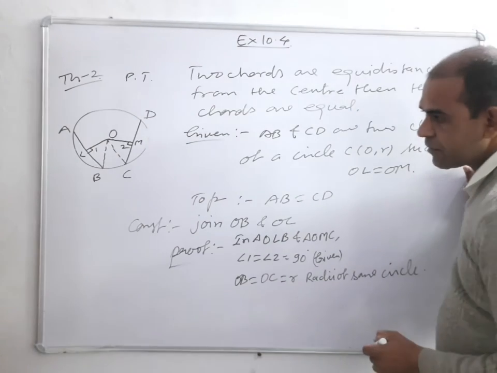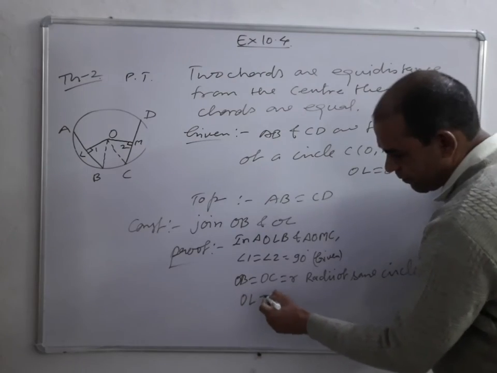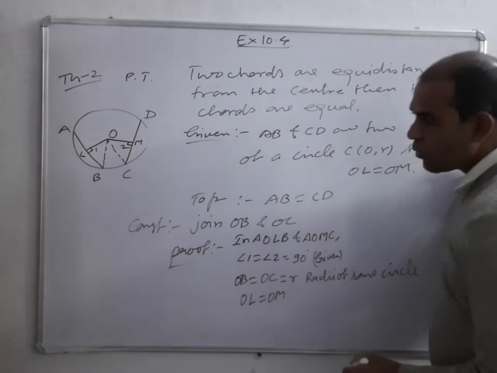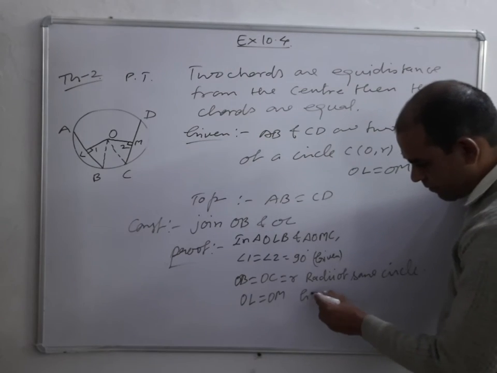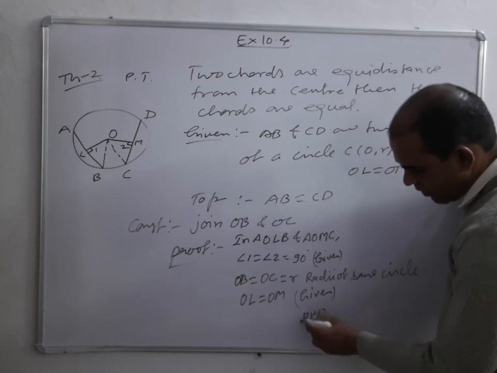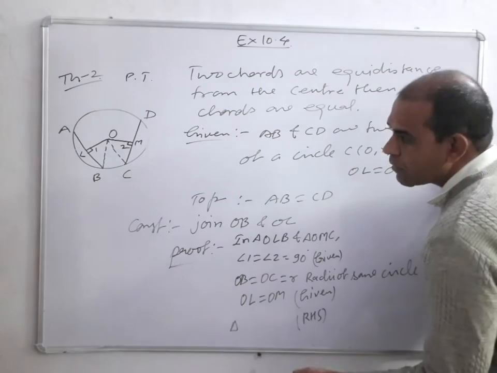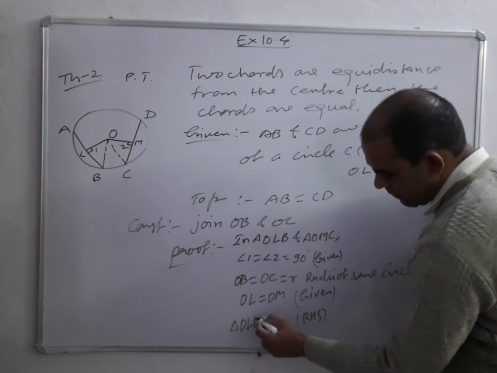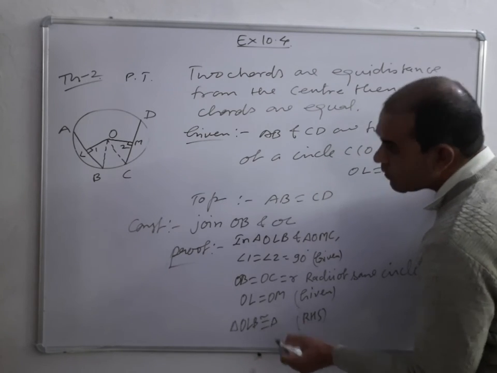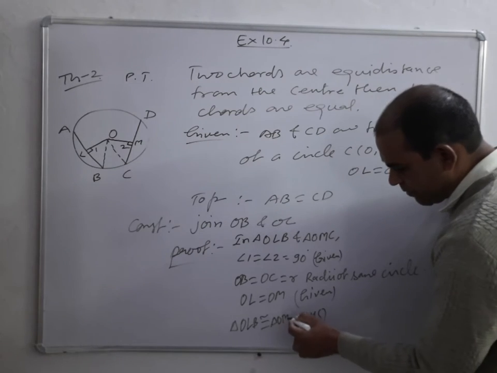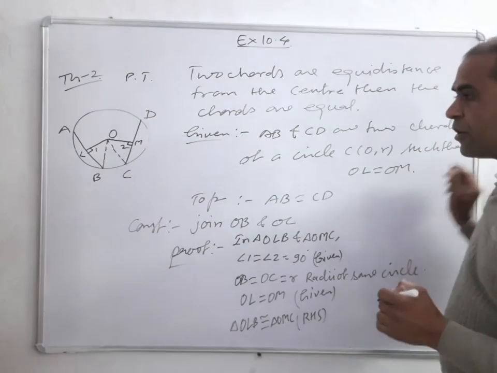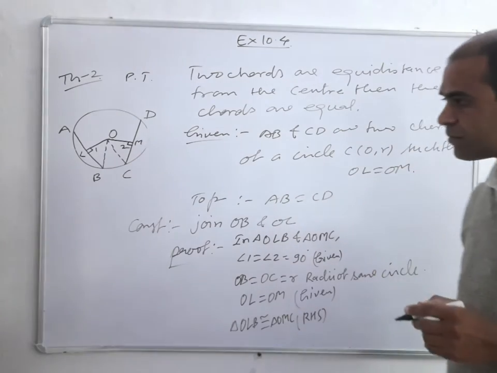And side is OL equal to OM, given. So RHS criteria of congruence. Triangle OLB is congruent to triangle OMC.